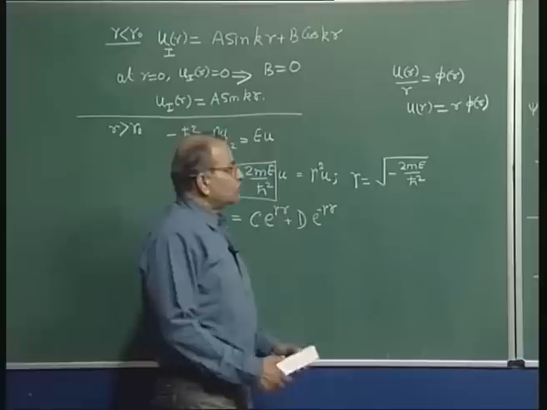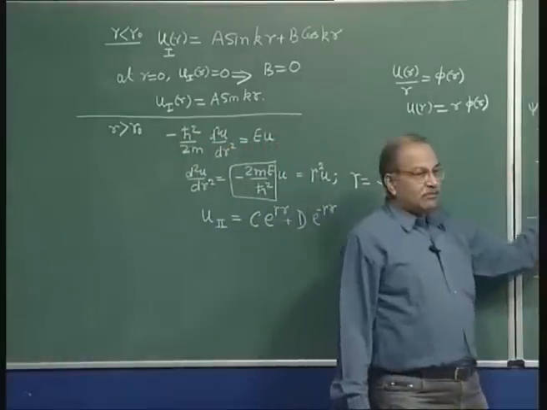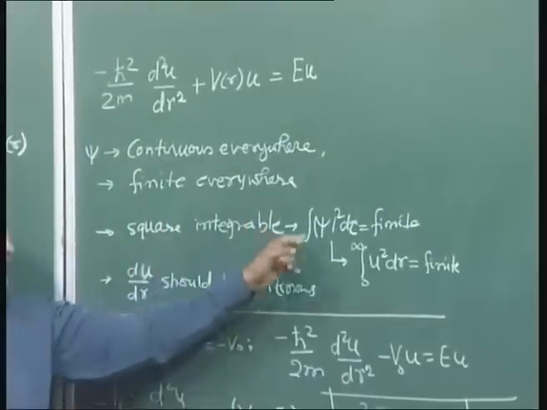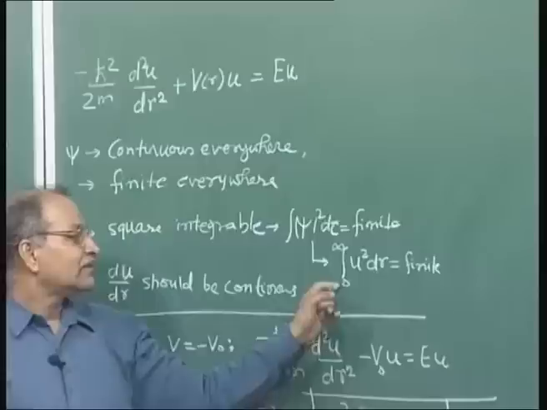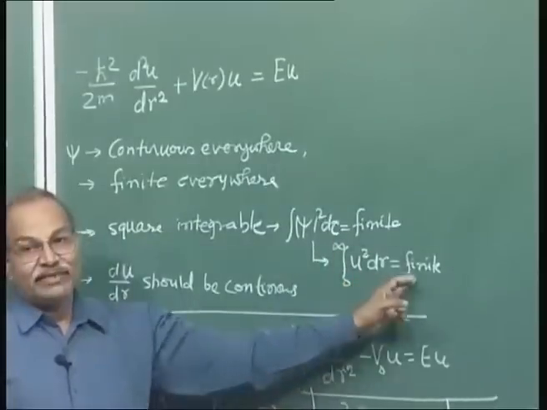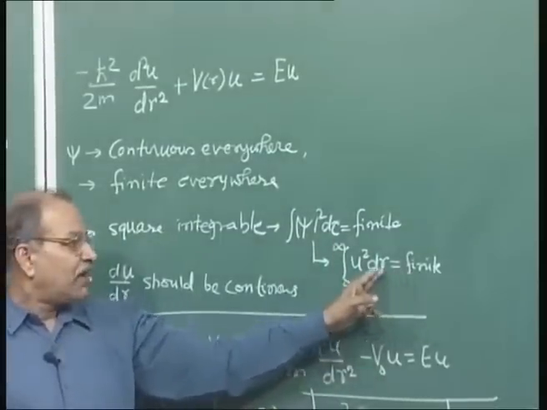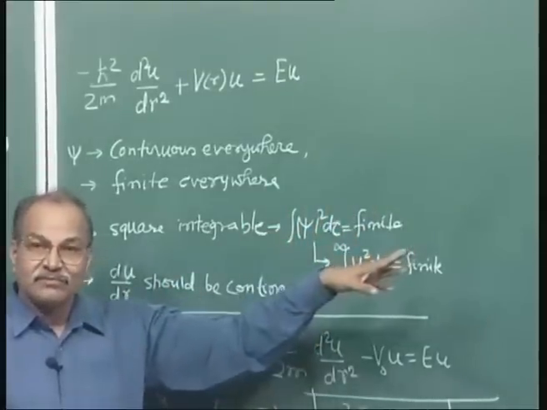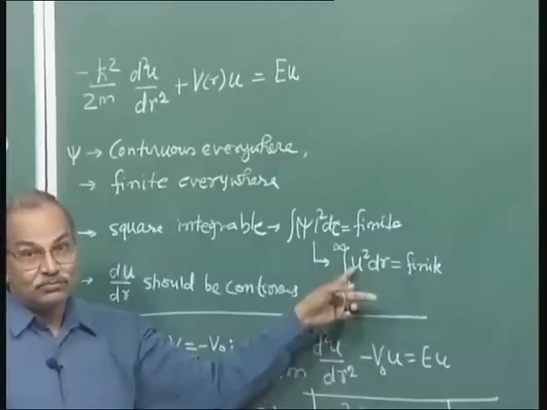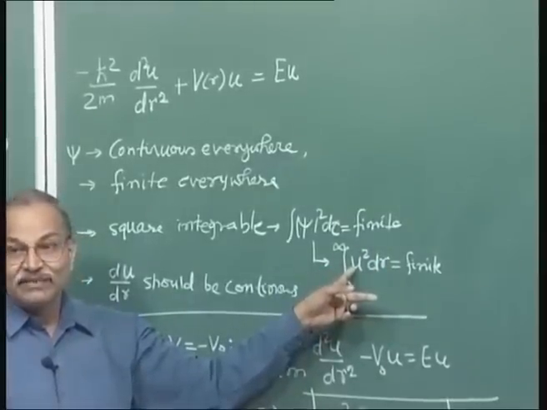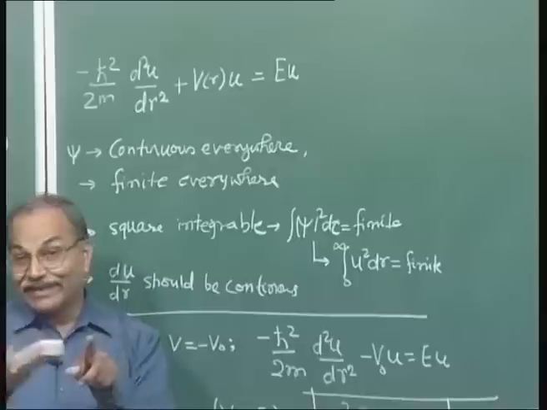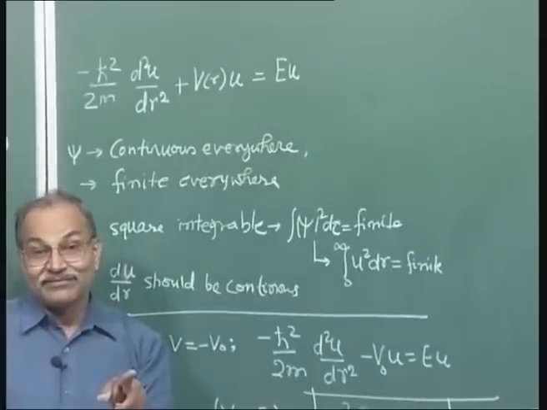But then your wave function has to be square integrable, and that will mean that the integral of u squared dr has to be finite. So, if you think of very large values of r, this u should go to 0. As r goes to infinity, u should go to 0, otherwise the integral of u squared will not be finite.